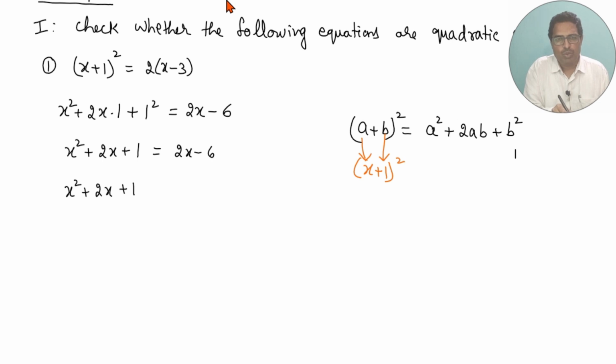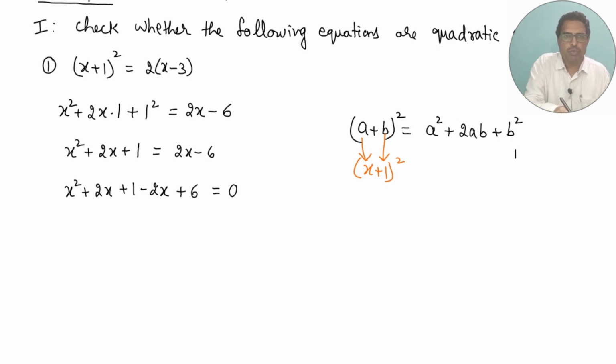Let me take this 2x minus 6 on the left hand side. What happens if I take this 2x on the left hand side? It becomes minus 2x. And this minus 6, when it comes on the left hand side, becomes plus 6, is equal to, on the right hand side, 0.